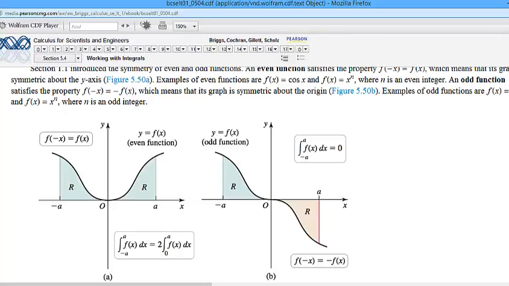Spin it, right? It looks exactly the same. So if this area is the same as that area, and this is positive 17 and that's negative 17, then what's the value of the integral? 0, always. Right? And so now it's just a matter of recognizing when does that happen.